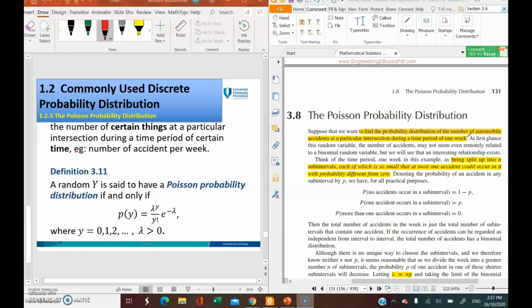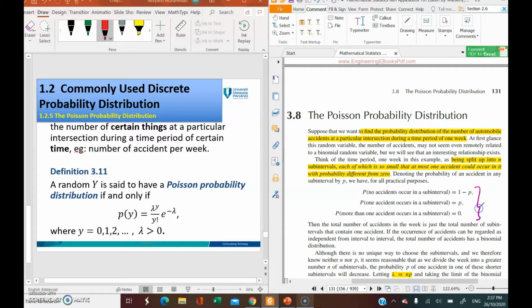So now think of the time period, 1 week in this example, as being split into n sub-intervals, each of which is so small that at most one accident could occur in it with probability different from 0. So we can denote these three things.